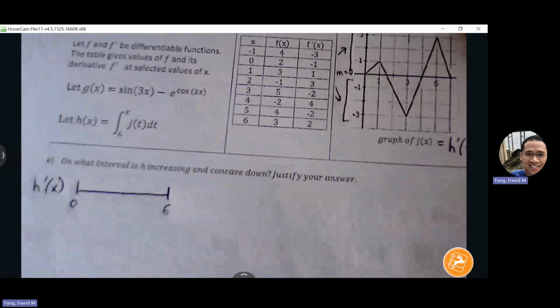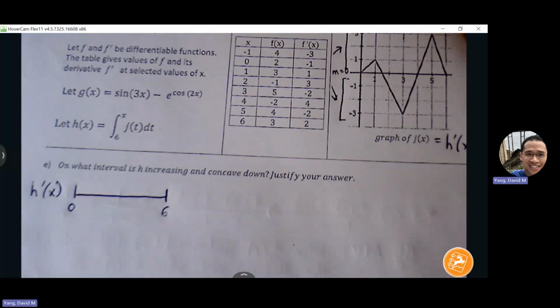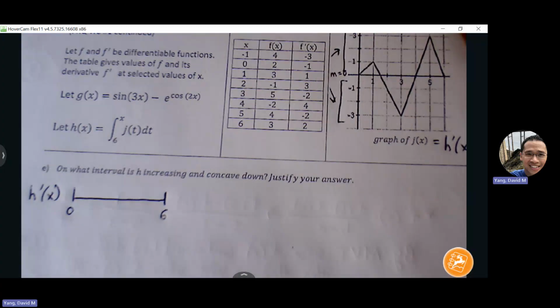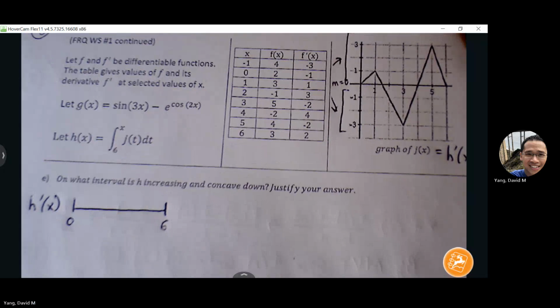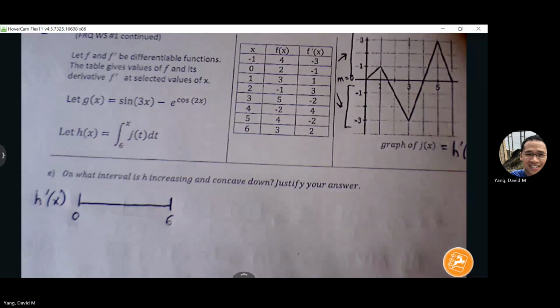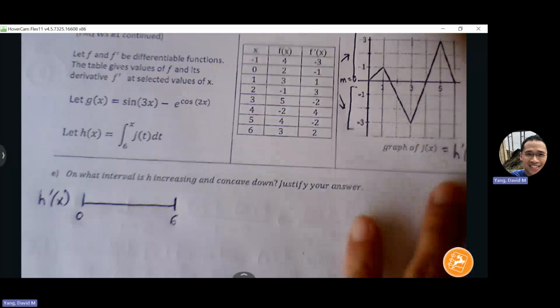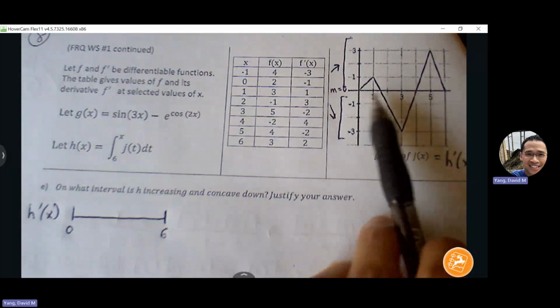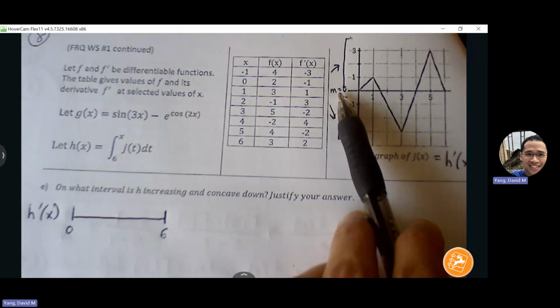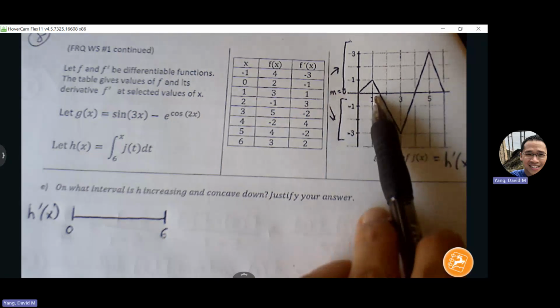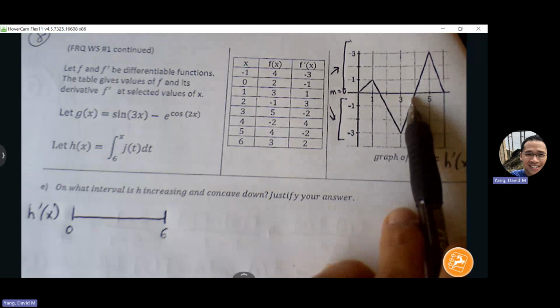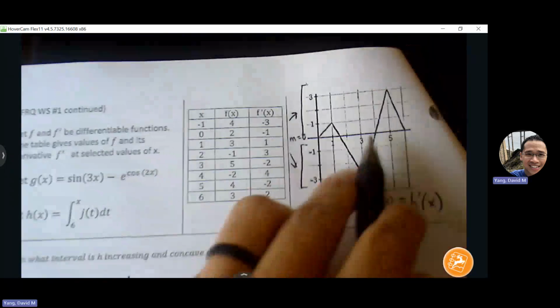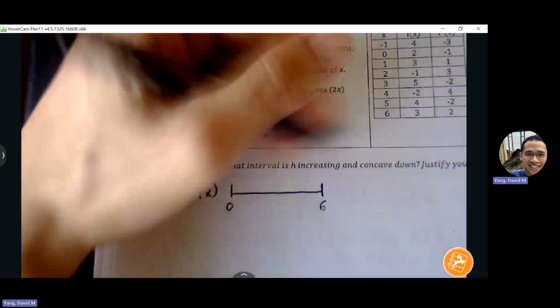What critical points can we pull for our h prime graph? Okay, x-intercepts, right? Where am I going to have slope zeros here? Yeah, 1.5 and 4. The peaks and valleys are something else that we can use when we build our second derivative sign line.